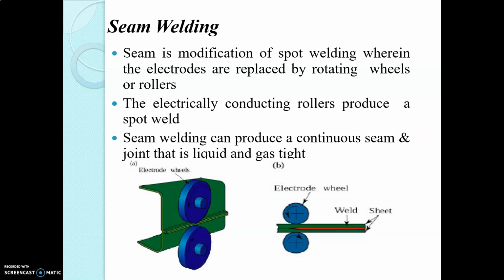The current passing from roller to roller through the workpiece heats up the parts to be joined, and the pressure of the roller electrodes forms the weld. The cooling is accomplished by flooding the electrodes and metal pieces with water. This process is best suited for metal thicknesses ranging from 0.025 mm to 3 mm.